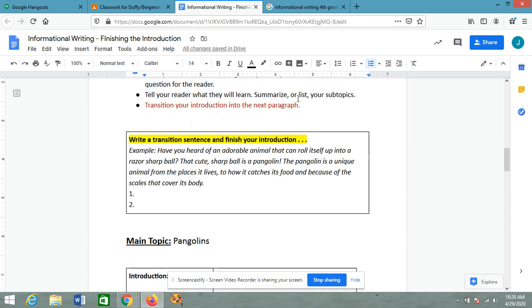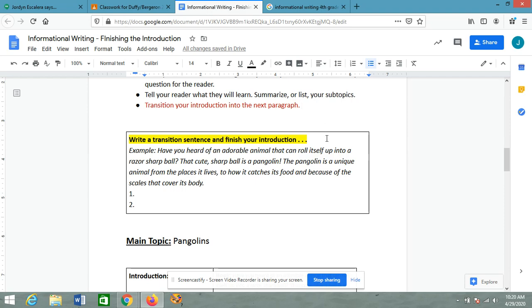It's going to wrap everything up and move on to the next thing. It's going to help our reader feel like they read a full paragraph and that we didn't just leave them hanging halfway through our introduction.